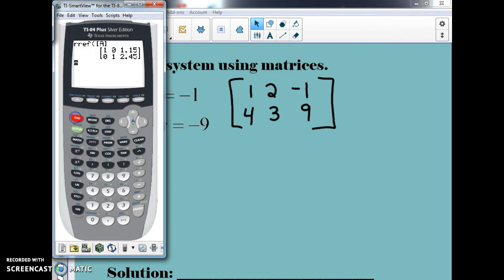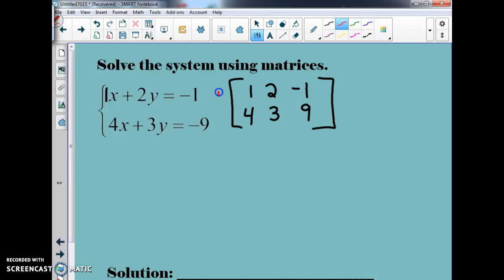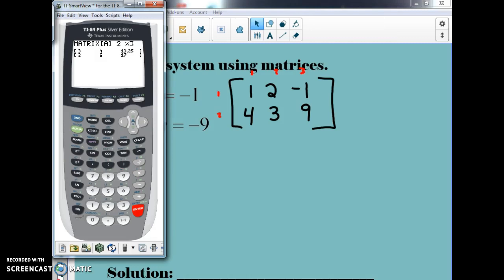So I'm going to go second, x to the power of 1. I'm going to go down to edit because I want to change my matrix. I'm going to matrix A. It is a 2 by 3. 1 row, 2 rows. 1 column, 2 columns, 3 columns. So it's a 2 by 3. All right.